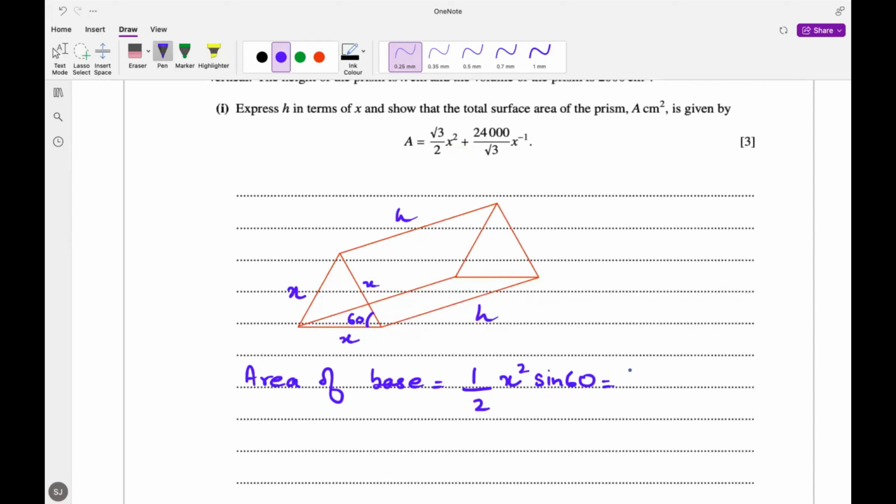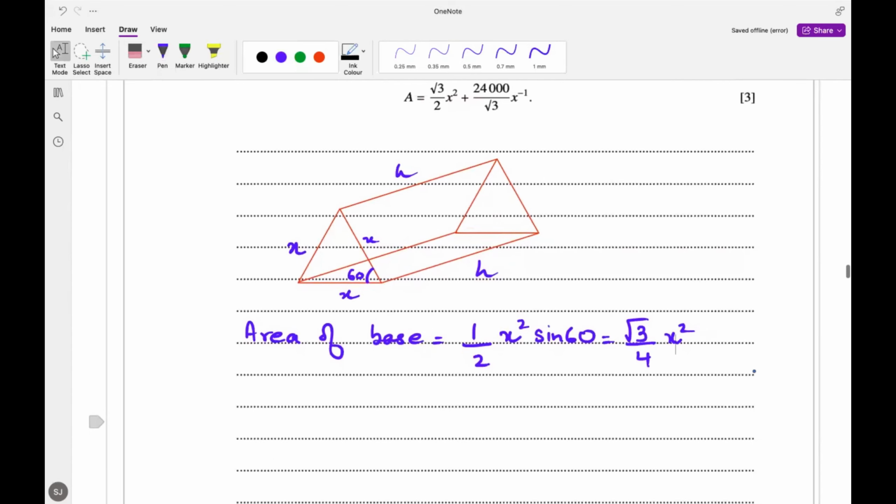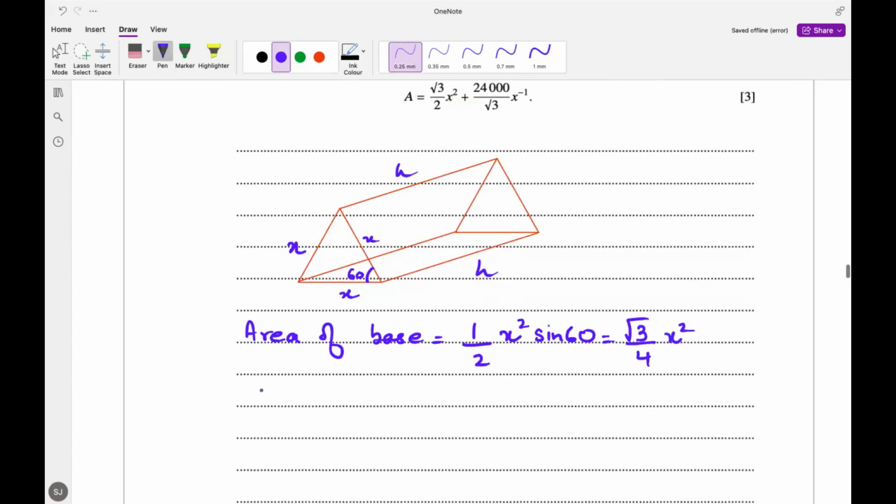We know that sine 60 is root 3 upon 2. So the area of the base will become root 3 upon 4 x squared. Multiplying this by h, we'll get the volume of the prism. So volume is equal to root 3 upon 4 x squared h.